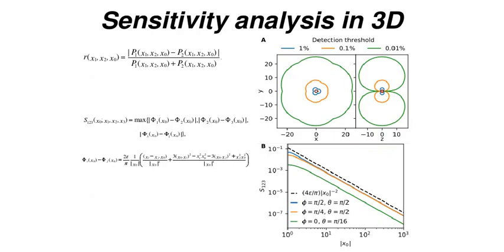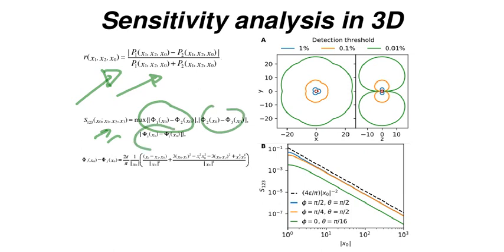So let me skip this. Another interesting quantity is the sensitivity, that is how far a cell can sense. And for this, we had to define this quantity, which is the difference between the probability at 2 windows normalized by the sum. And if we have 3 windows, we took the maximum of the difference of the fluxes.